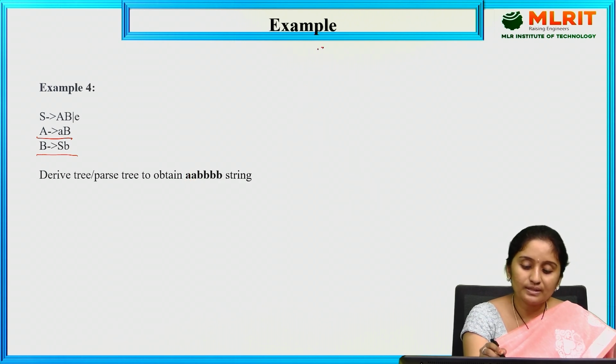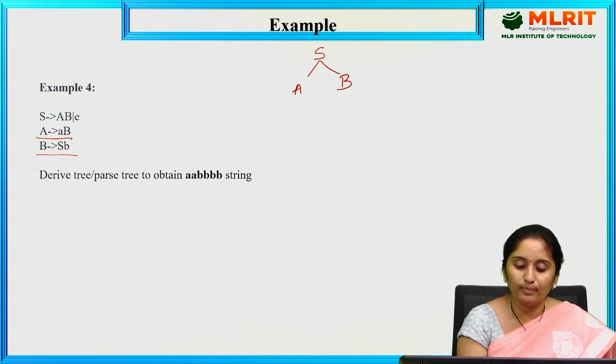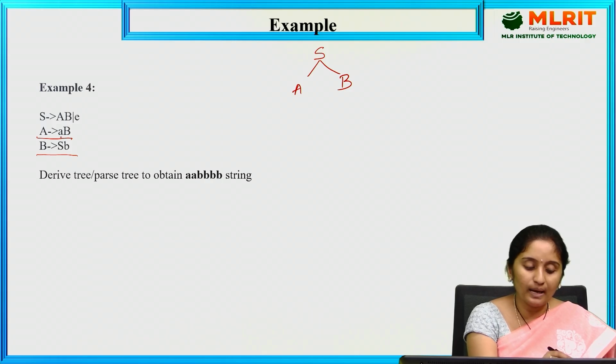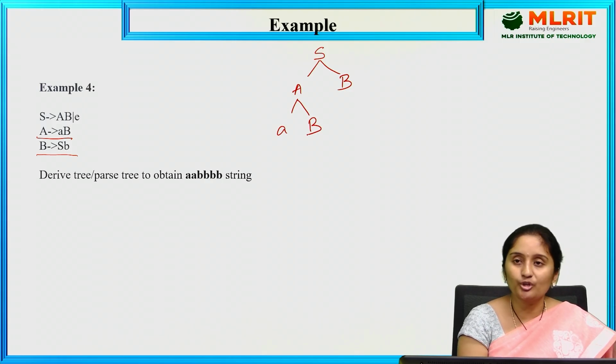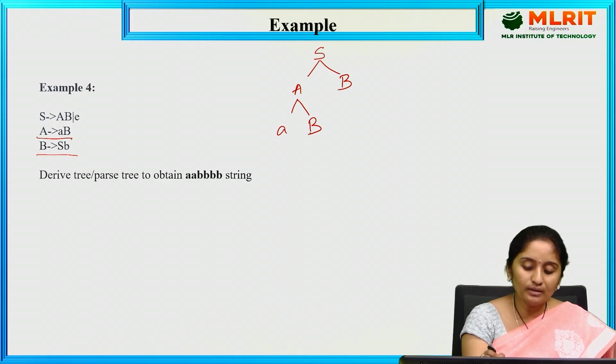So here the start symbol is S. S produces AB. A has the production rule AB. B is the non-terminal, but A is a terminal, so it is a leaf node and we are not going to derive it. So we are going to derive the B.